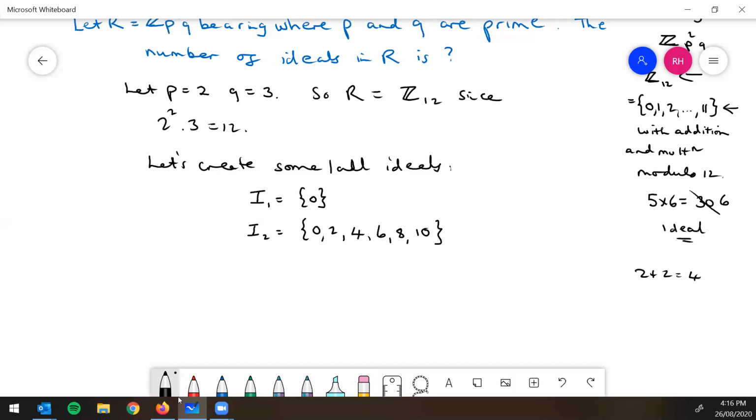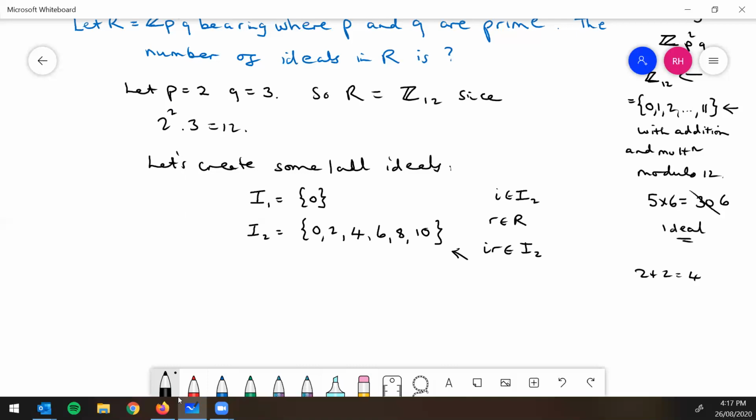There's another rule with ideals, and that is that if you take some element I in the ideal, I2, and you take any element of the ring, then the product has to be in the ideal. So the ideal has to be closed under multiplication with the ring. Okay, so in this case, this is not a proof, we're just playing around here.